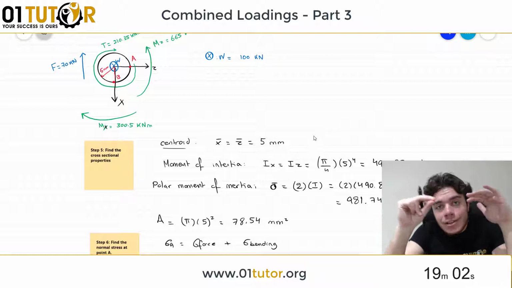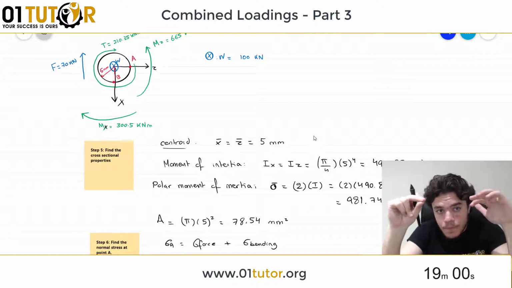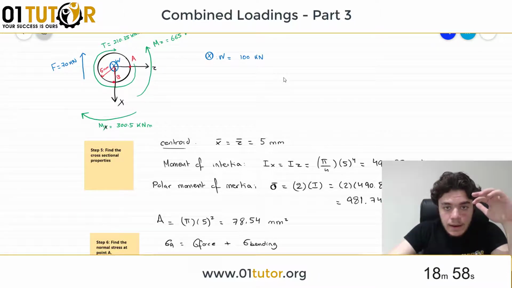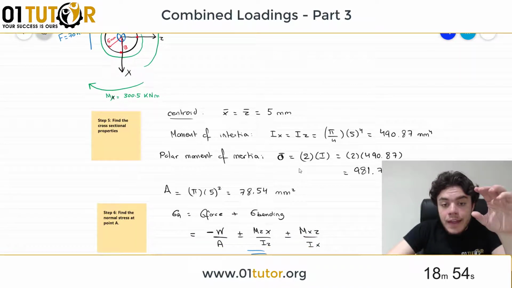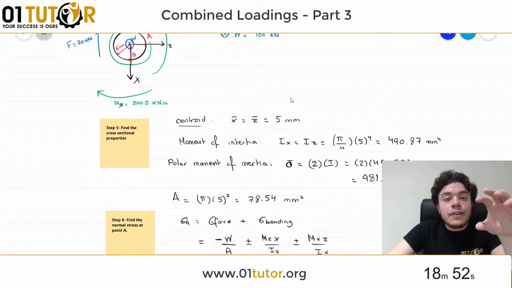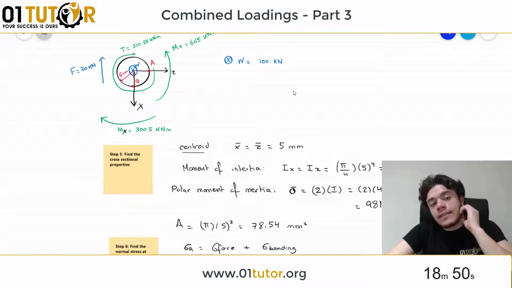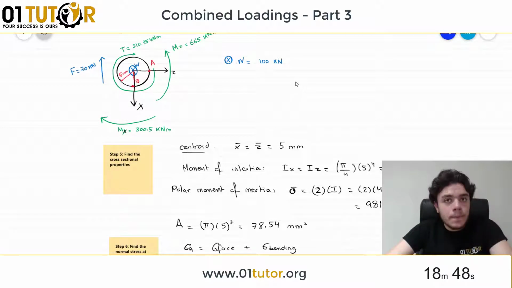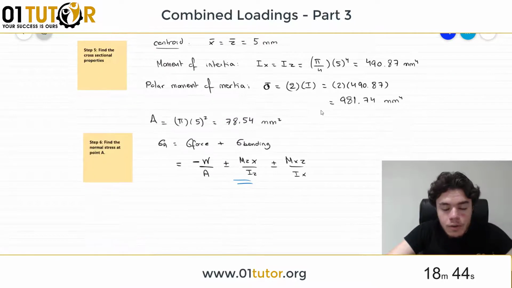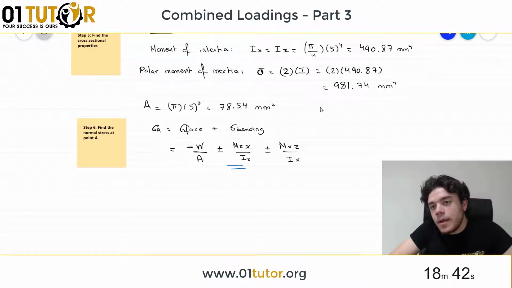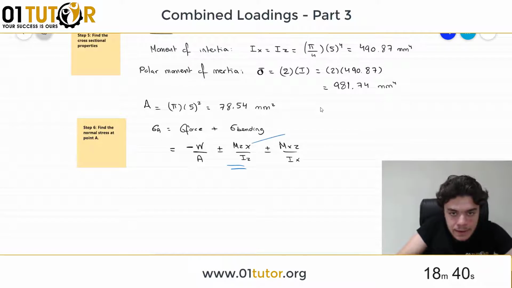Since point A lies on the z-axis, then the bending moment about the z-axis doesn't cause any normal stress, any bending stress at point A. Why? Because recall, in the bending stresses, x in here is what?